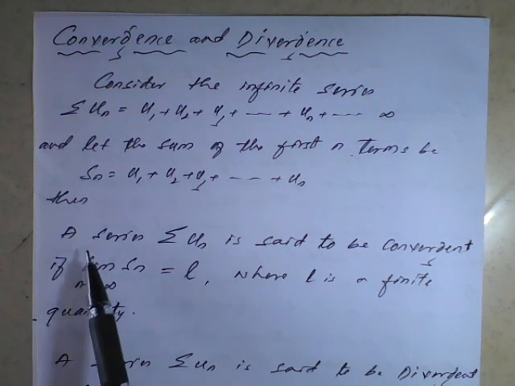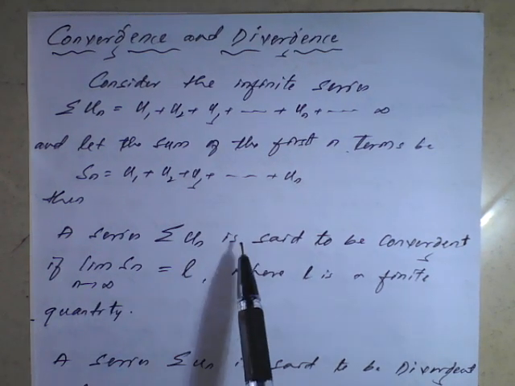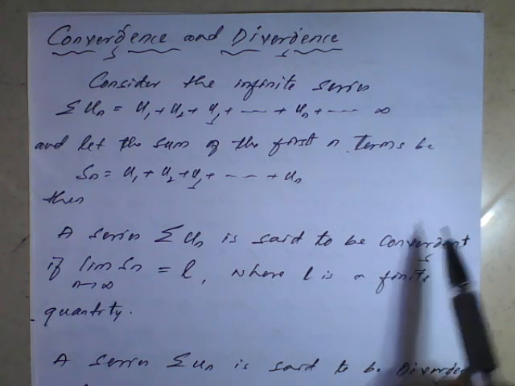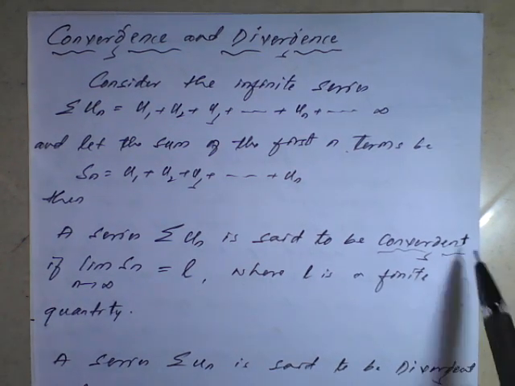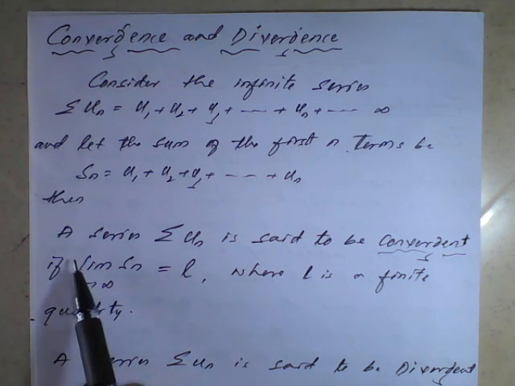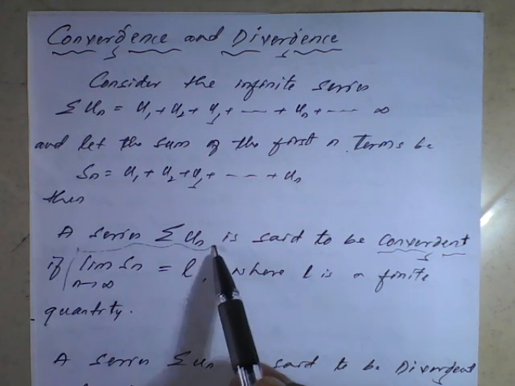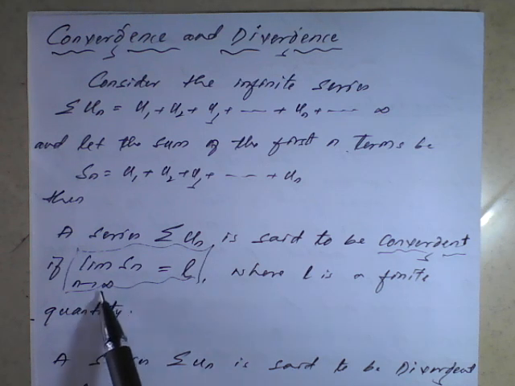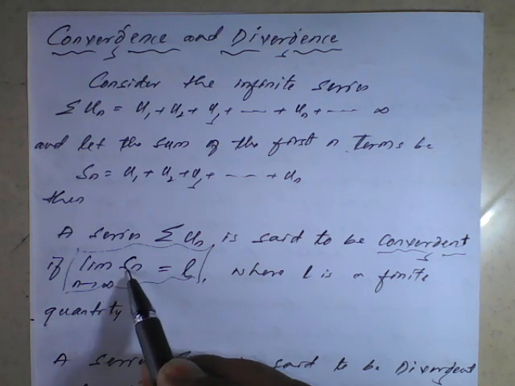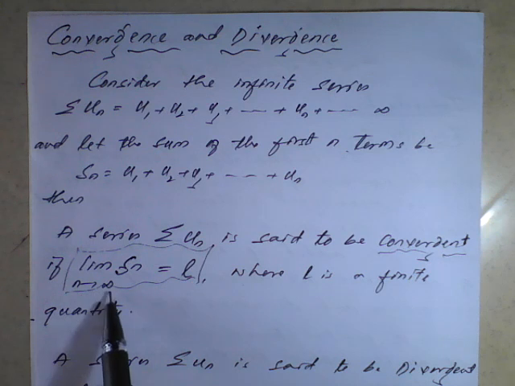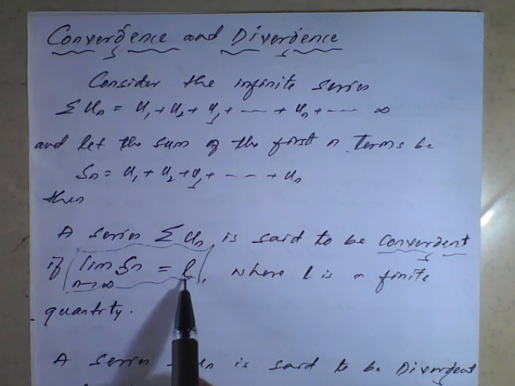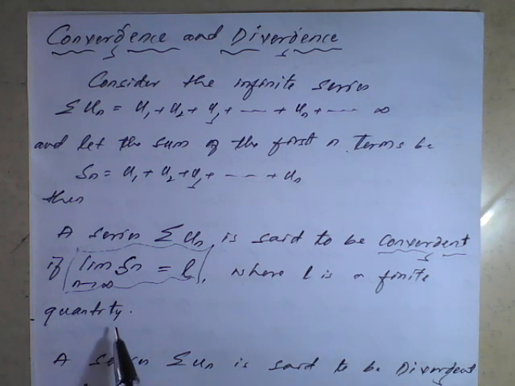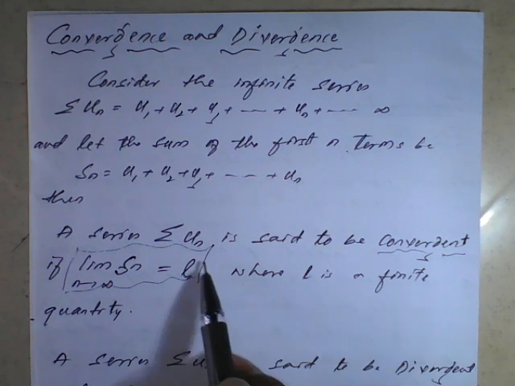Then a series summation of un is said to be convergent if the limit of Sn as n tends to infinity is equal to L, where L is a finite quantity, meaning this is a finite number.